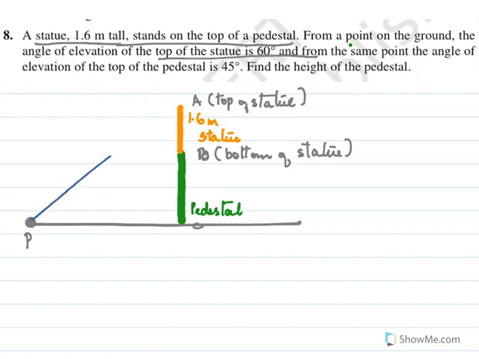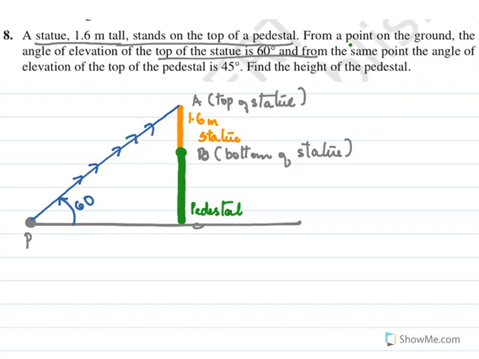So from this point he is looking at the top of the statue. His line of sight is here. He is looking in this way. This angle is 60, so the angle between the horizontal and the line of sight is 60. From the same point, the angle of elevation of the top of the pedestal.